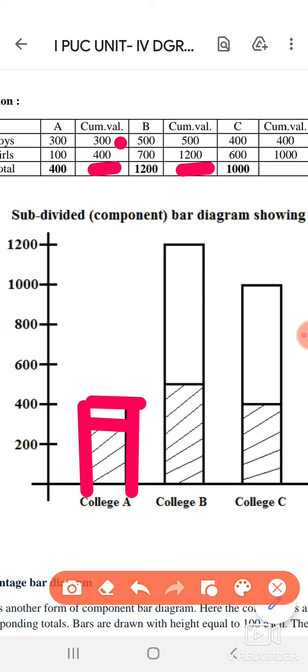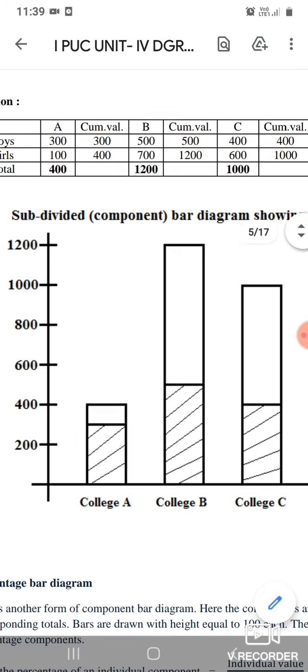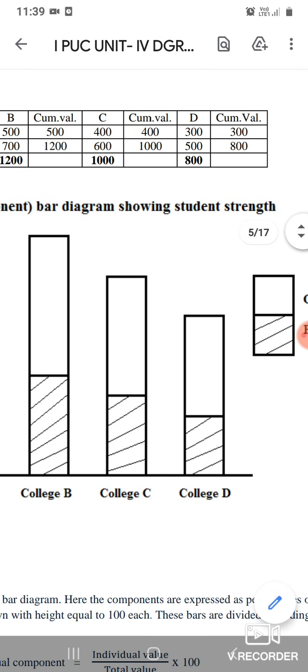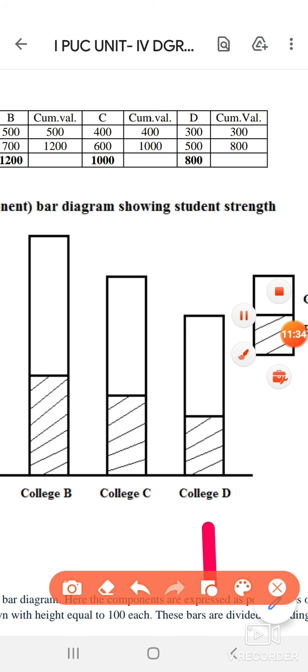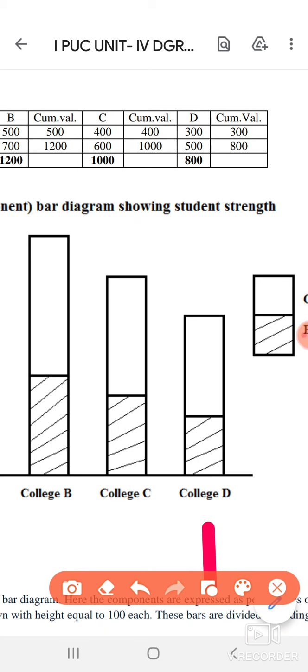Cumulative value for college B is 1200. Draw the bar up to 1200 first. Next, divide the bar for the first 500. Then for the third one, cumulative value is 1000 here.